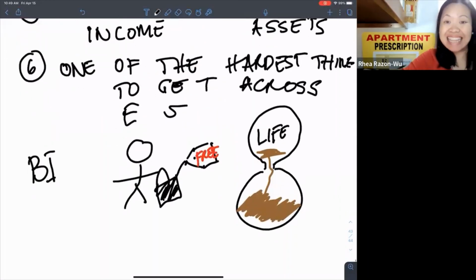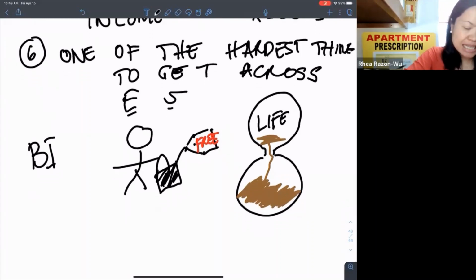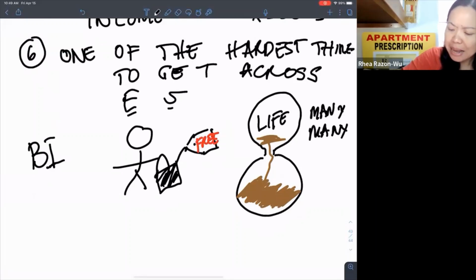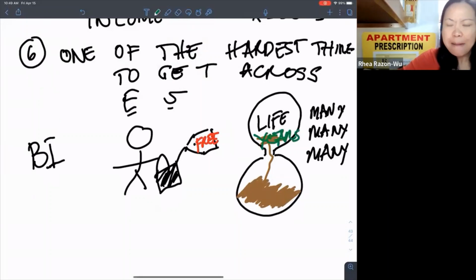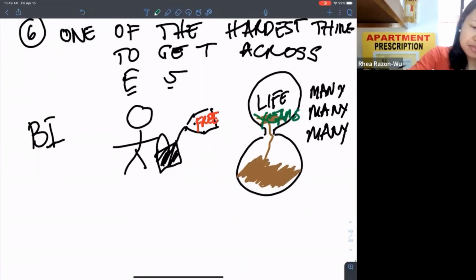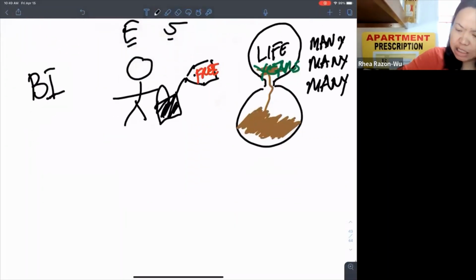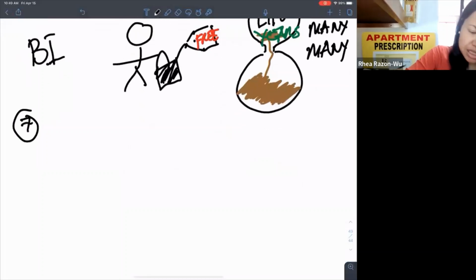So one of the hardest things to get across to the E, the employee, the S, the self-employed, the small business, the specialist, is that the big business and the investor work for free, and they work for free for many, many, many life years. That's the sixth point.